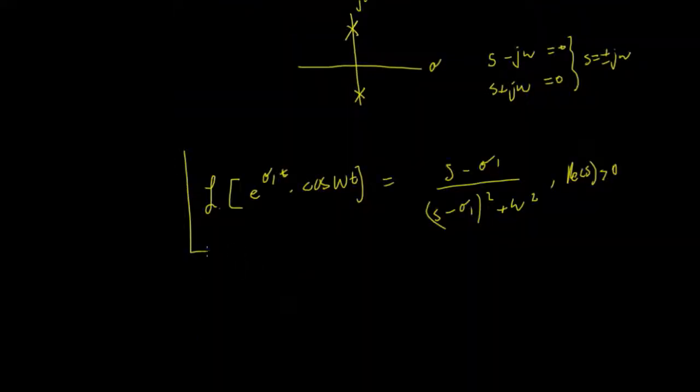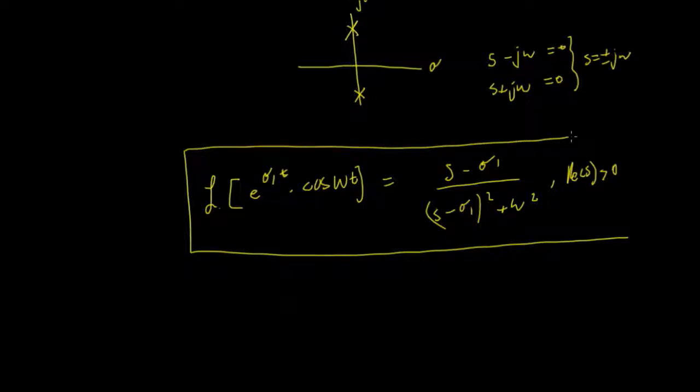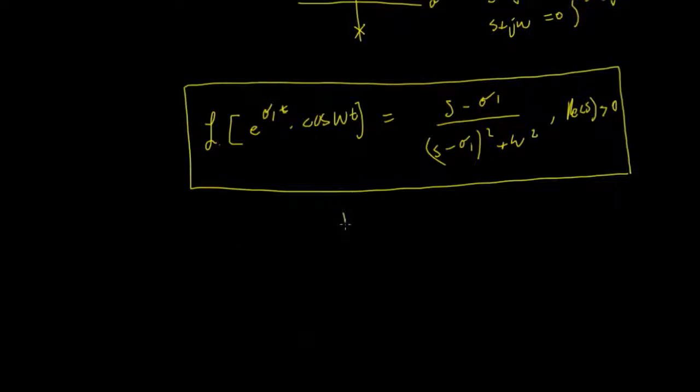Okay, so that's another Laplace transform there, and again we can look at that in MATLAB and we can see first of all what we expect to see. Well, if that's our sigma and j omega, we're expecting to see the same as the cos omega t, so we're expecting to see two poles and a zero, but the difference now is that it's been shifted in the sigma axis to the value sigma 1.